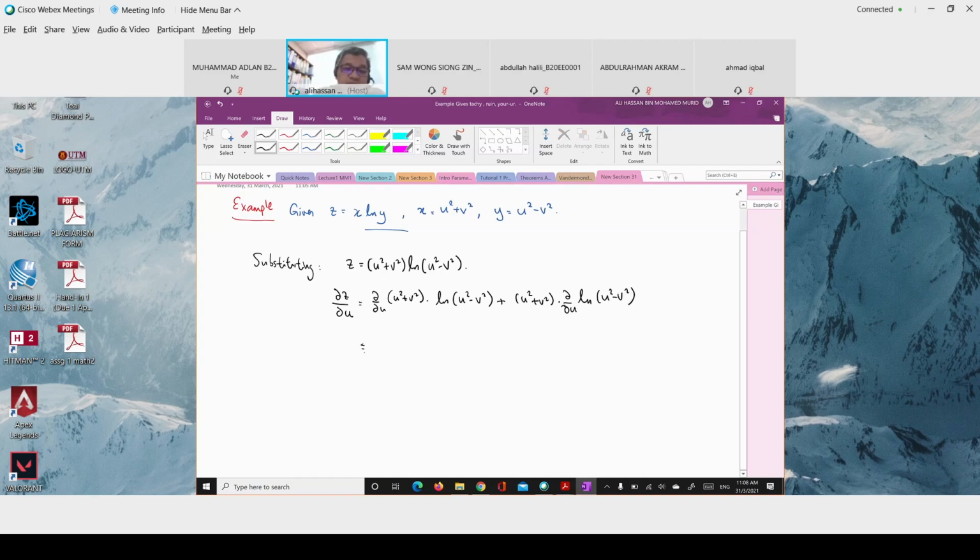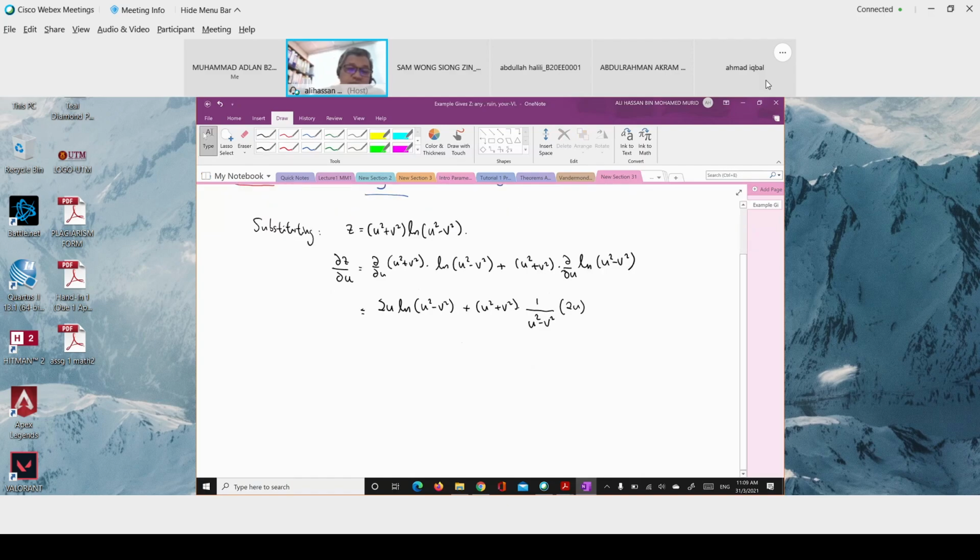So this gives 2u ln(u squared minus v squared) plus (u squared plus v squared) times the partial u of ln(u squared minus v squared). We use the chain rule: it's 1 over u squared minus v squared, and then we differentiate the inner function with respect to u. We get 2u.